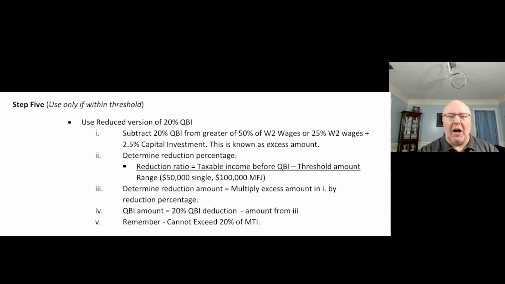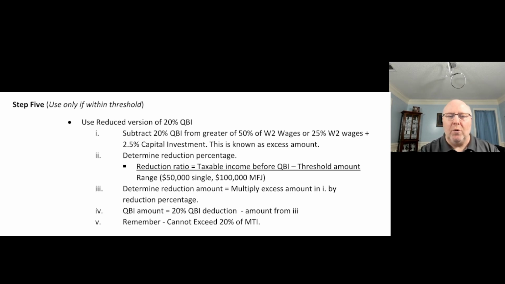We said we take the greater of 50% of W-2 wages or 25% of W-2 wages plus 2.5% of the unadjusted basis in property. That's absolutely true in this case too, where it falls within the phase out amounts. We take the greater of that 50% or the 25% plus 2.5%.